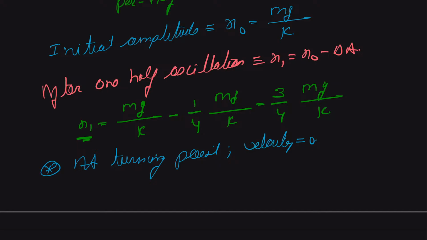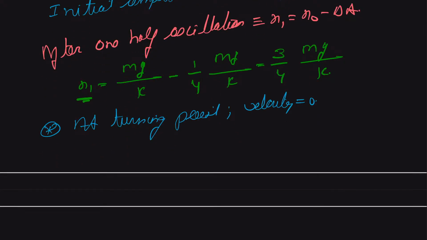Okay. And the mass will only start moving back if the spring force exceeds the static friction. Okay. So we have to make sure that this condition is being properly satisfied.